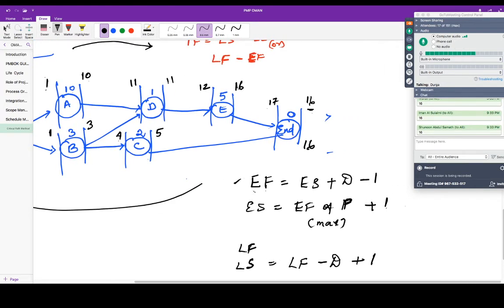So instead of early finish, here it is late start. Early start, late finish. Plus duration, minus duration. Minus 1, plus 1. So if you remember this, you can easily remember this as well, right? So late finish is just the opposite of this one.